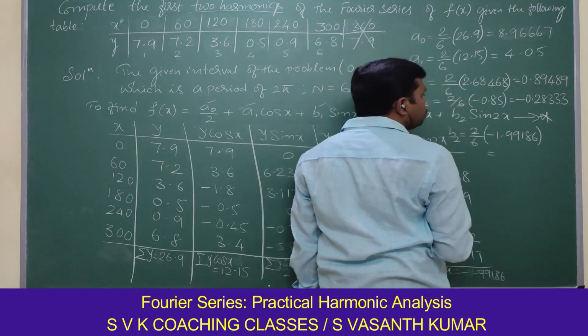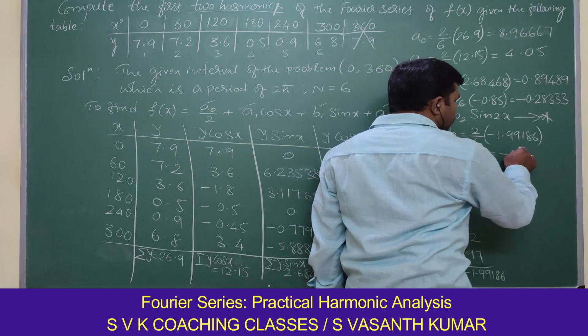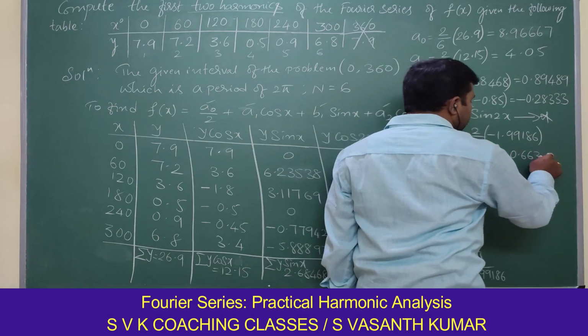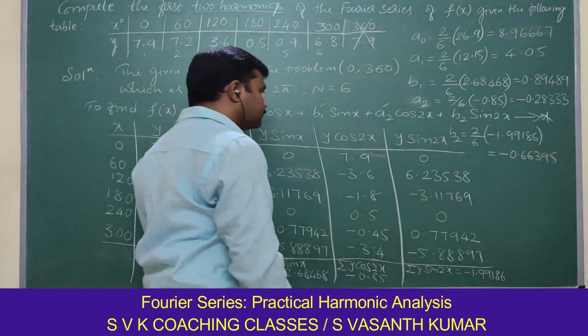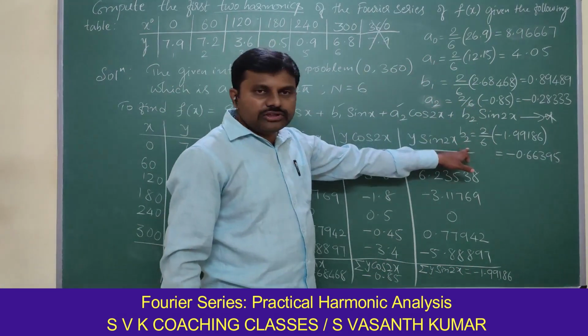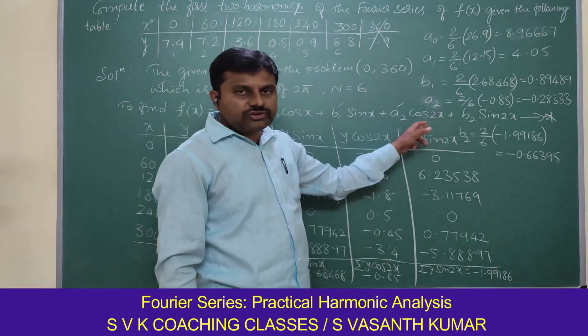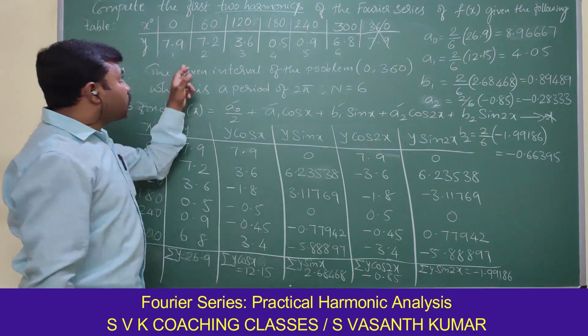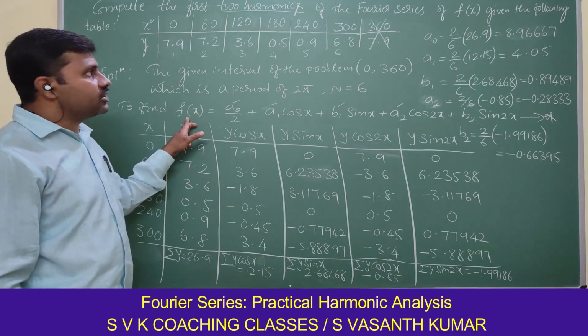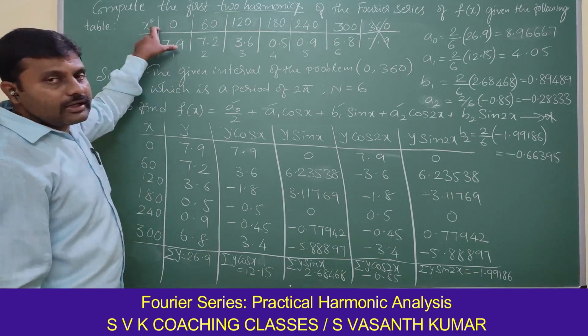So this is equal to minus 0.66395. Now after getting all these values, we can substitute these values in equation star. That gives the Fourier harmonic analysis, the Fourier series of the given data.